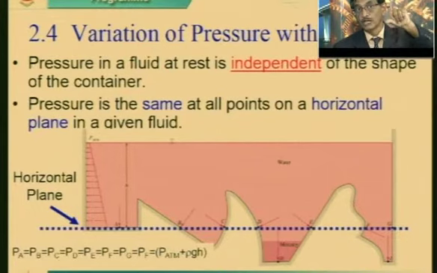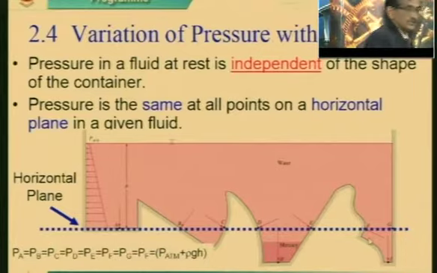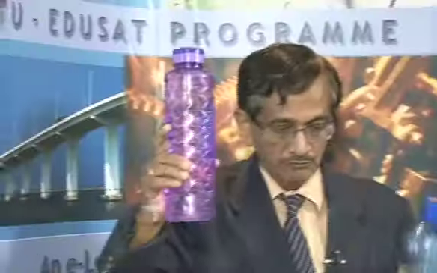There is no effect of this inclined plate, of this circular shape, or of this irregular shape. Let us see this also here. You can see this particular container has a typical shape, some zigzag shape.